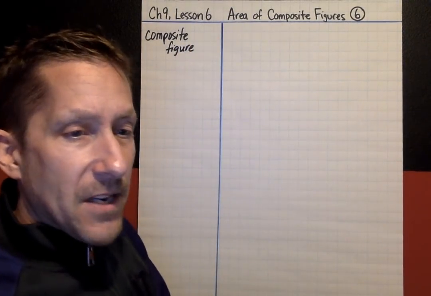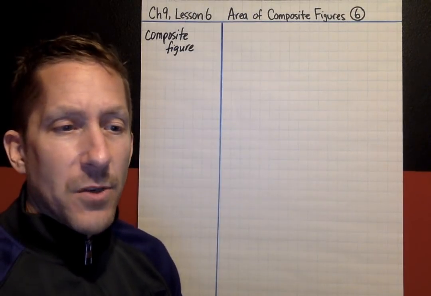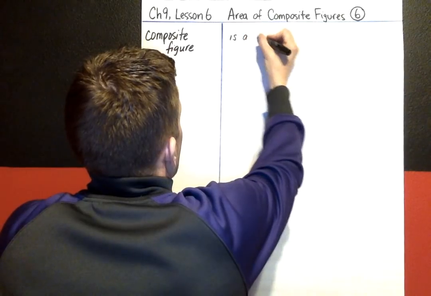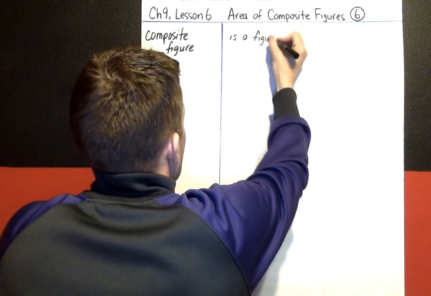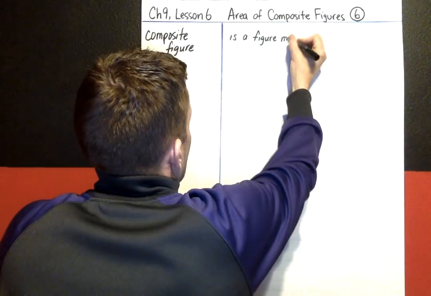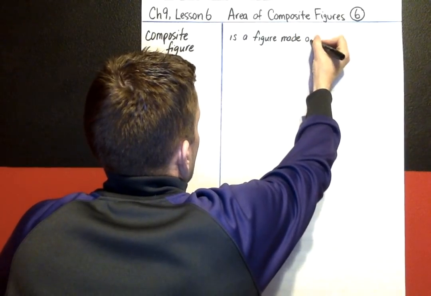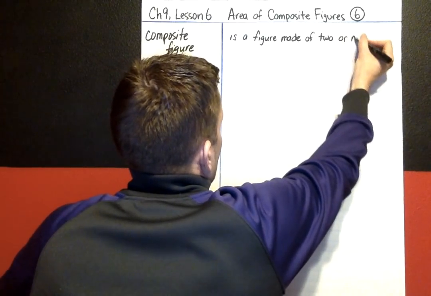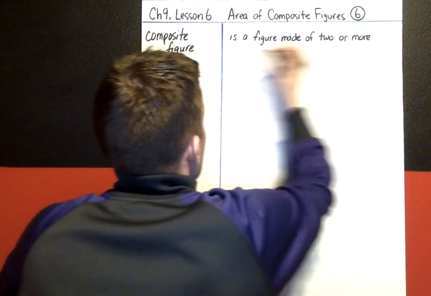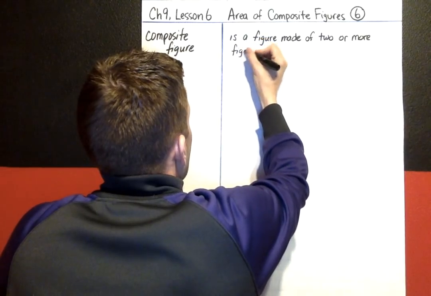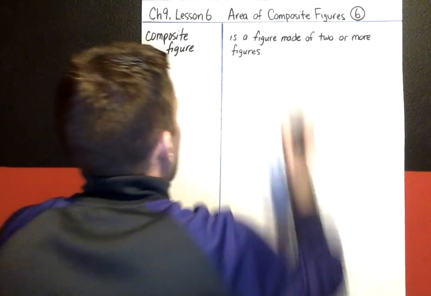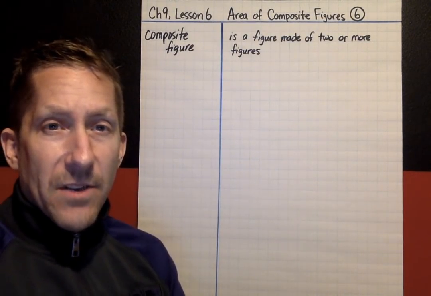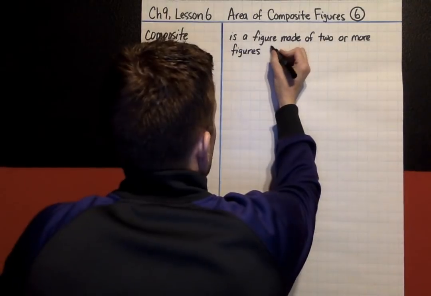A composite figure is a figure made of two or more figures, and here are a couple of examples.